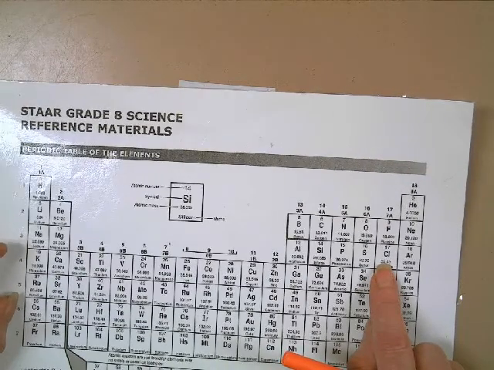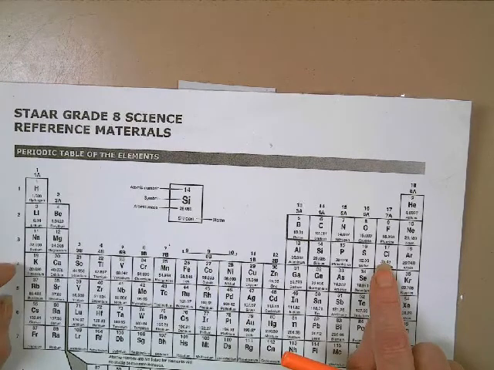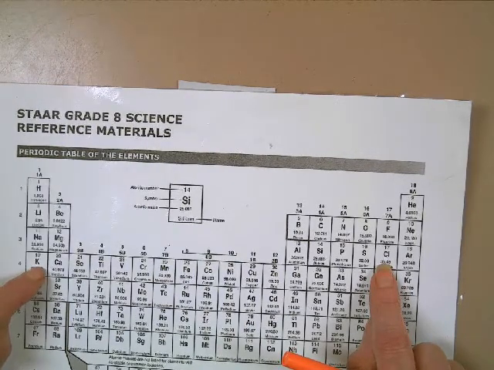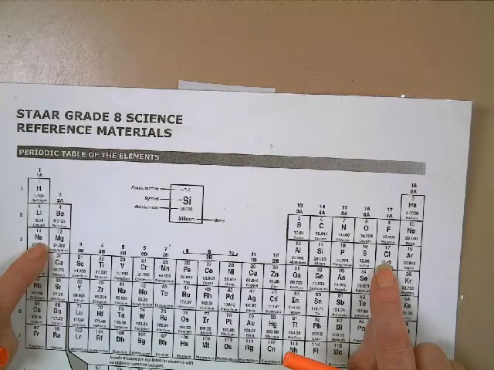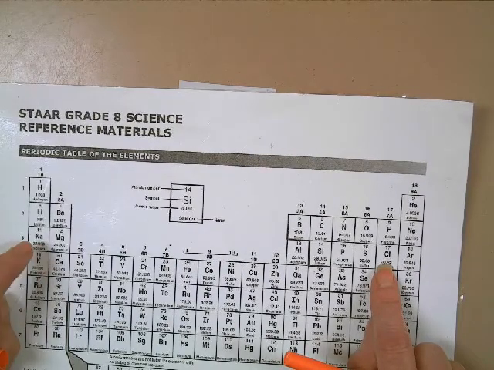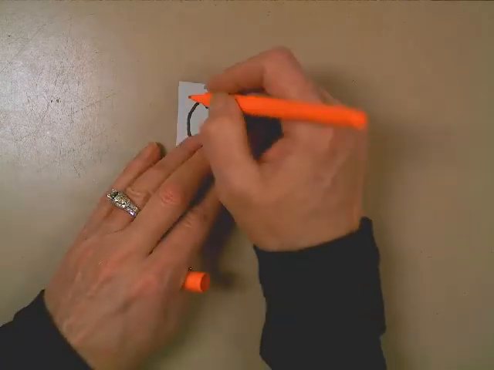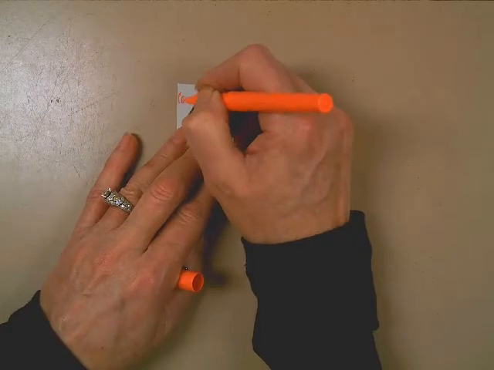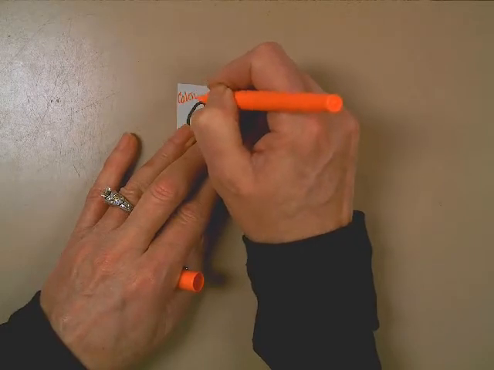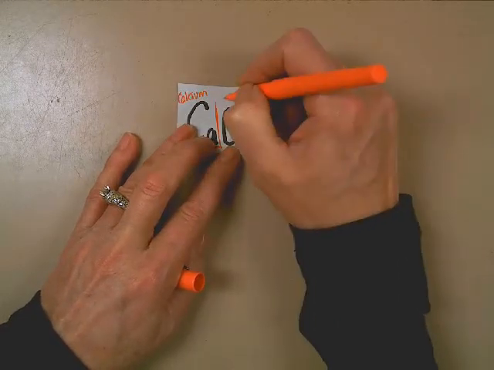Remember, if the element symbol is a capital letter followed by a lowercase letter like these, that is still the same element. Every capital letter in a chemical formula represents a new element. So I know this is calcium because we just looked it up, and this was chlorine.